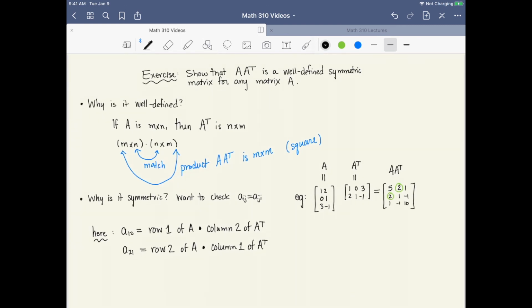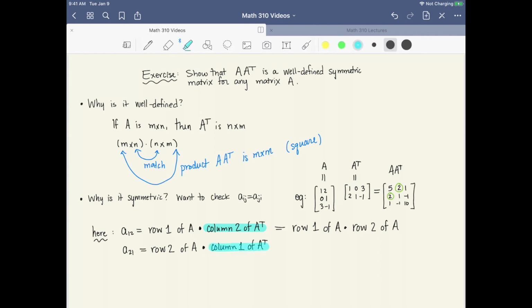But there's a relationship between the rows of A and the columns of A transpose. The rows of A are equal to the columns of A transpose, and the columns of A are equal to the rows of A transpose. This means that I can take column 2 of A transpose in this expression and rewrite it as row 2 of A. So this line can be rewritten as row 1 of A dotted with row 2 of A. And similarly, I can rewrite the second equation.